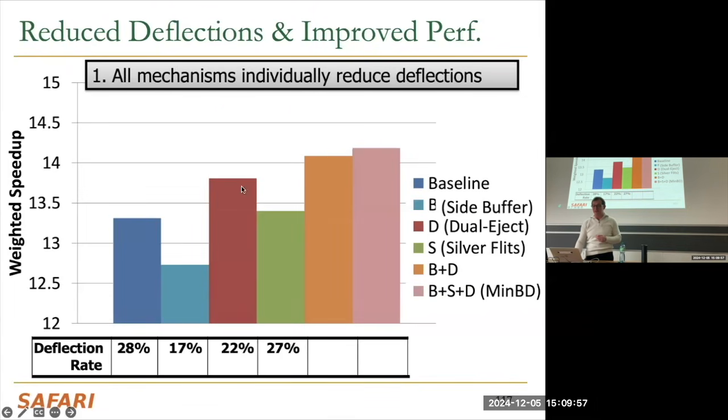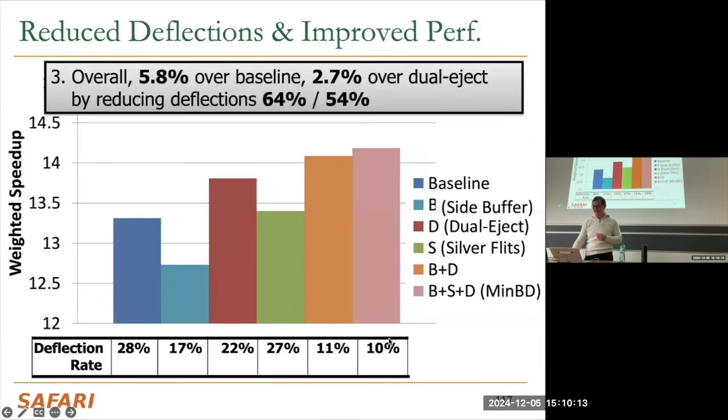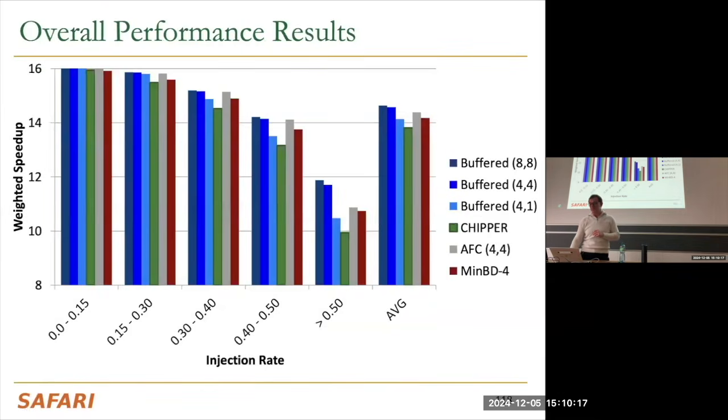Weighted speedup, higher is better over here, as you can see. And as you add more and more over here, you get better and better performance. And these are the deflection rates that we see in the end. So we start with about a 28% deflection rate, and we can reduce it down to 10%, which is interesting. And that improves performance. This also clearly depends on workloads, but you can find the information in the paper.